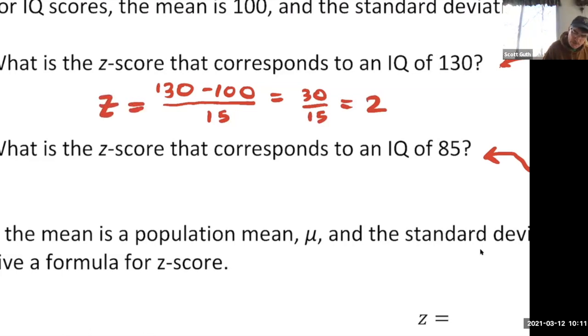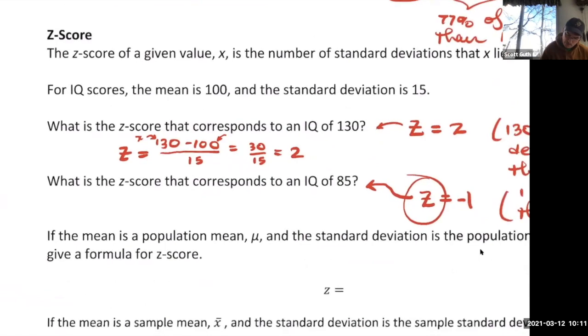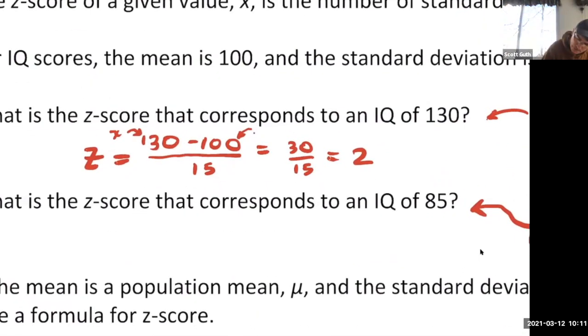So the 130 is X. The 100 is the population mean, which is mu. And the 15 is the population standard deviation, which is sigma.